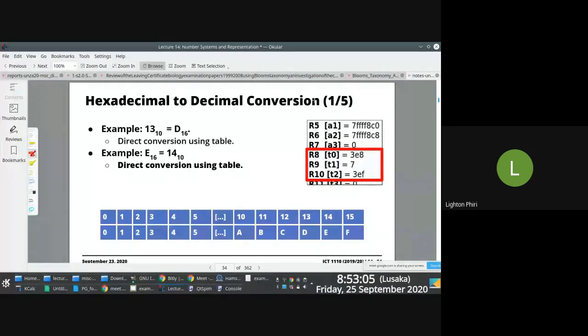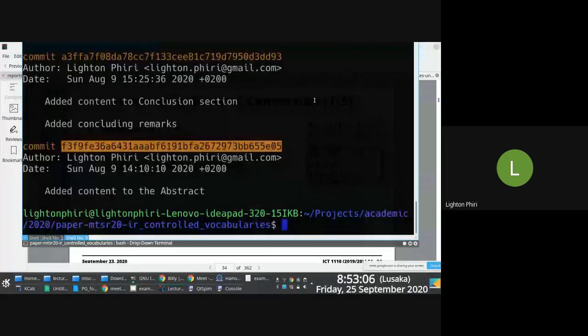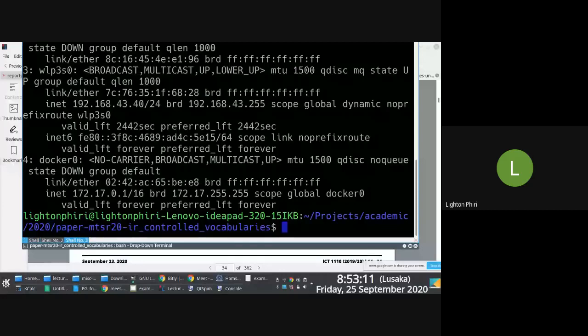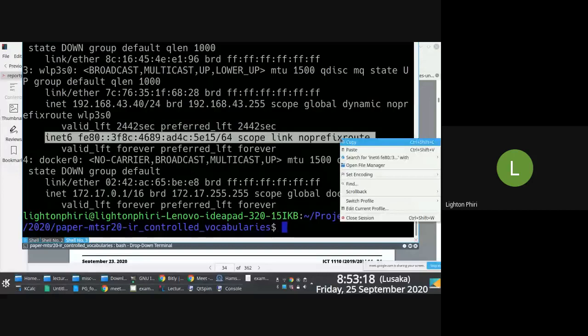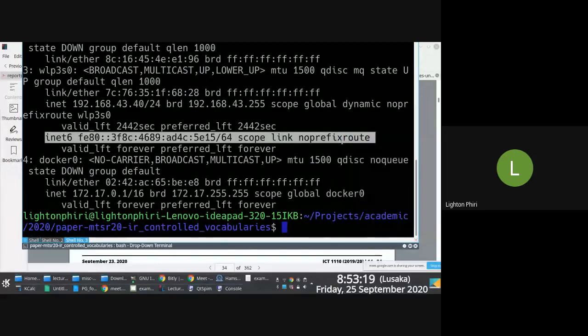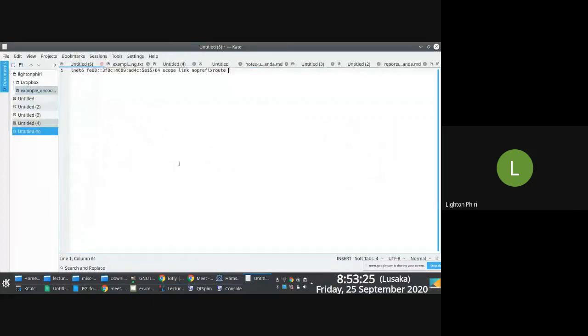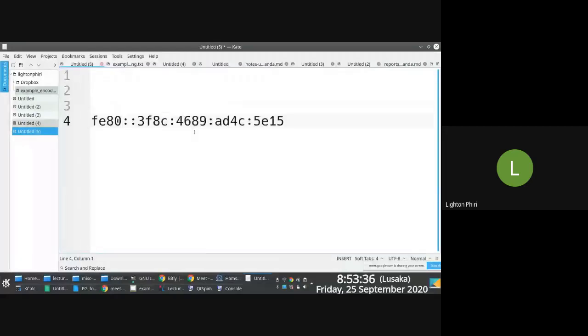Like when I was talking about IP addresses, if you look at this IPv6 representation here, observe this is being represented in all lowercase letters. FE80, 3F8C is the same thing. It is the same thing. Anyway. Any other questions?